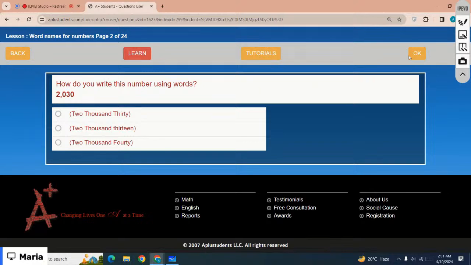How do you write this number using words? Which is the correct option? Yes, that is 2030 only. Option number 1 is the correct option, right?